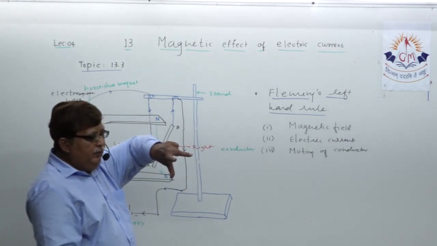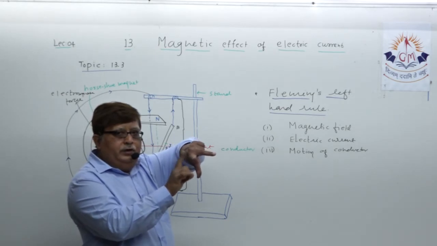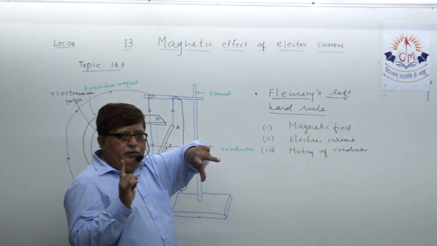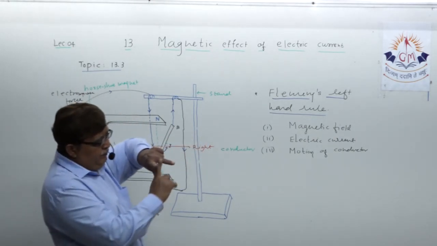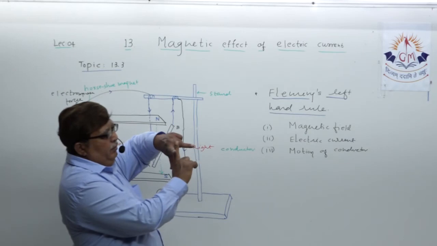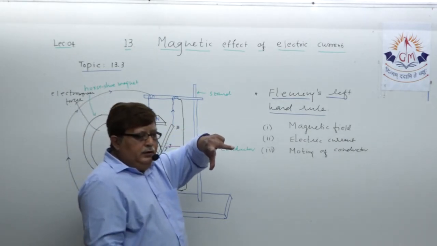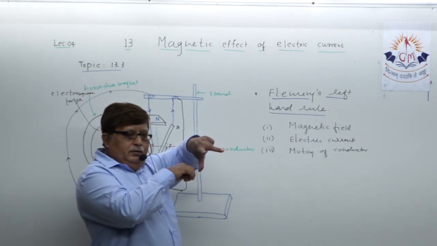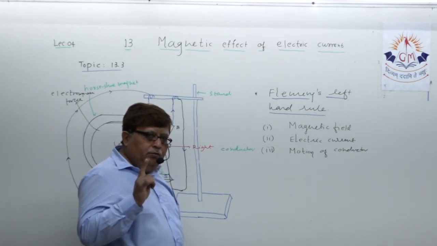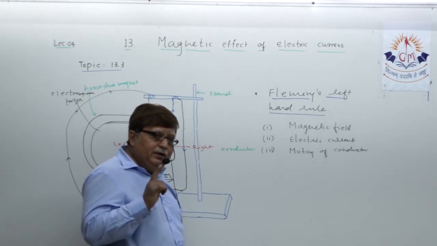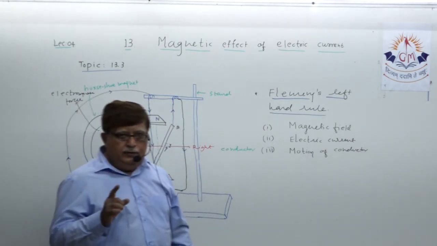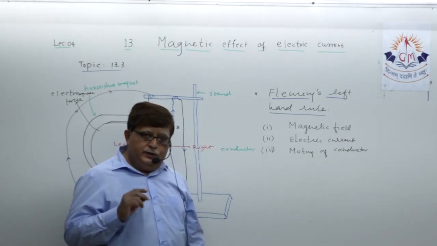If the forefinger shows the direction of electric current, the middle finger shows the direction of magnetic field, then the thumb will show the direction of motion of the conductor. You understood this? This is Fleming's left hand rule.